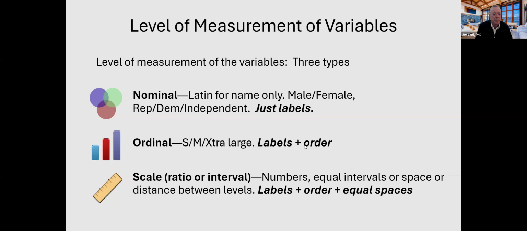So you should know what kind of levels of measurement you have. And I'll say the scale is the grainiest, of course. Ordinal is the next grainiest, and then nominal is just kind of just labels. Where I'm going with that is that if you have something grainy like age, 1, 2, 3, 4, 5, I could scale.